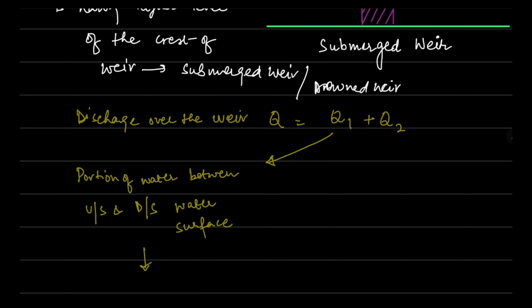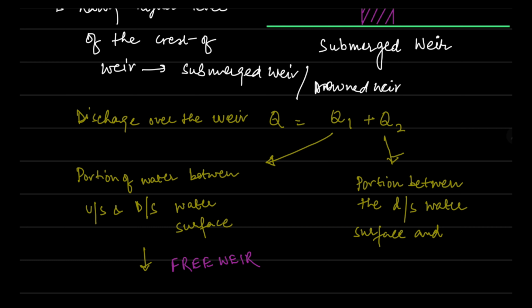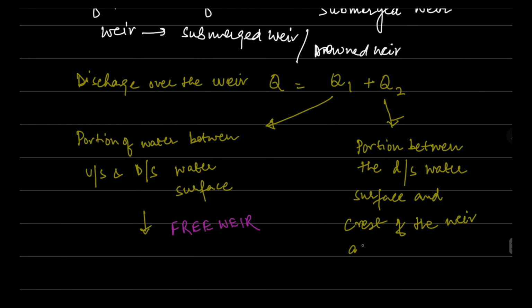The other part, Q2, is the portion between the downstream water surface and the crest of the weir, treated as a drowned weir.